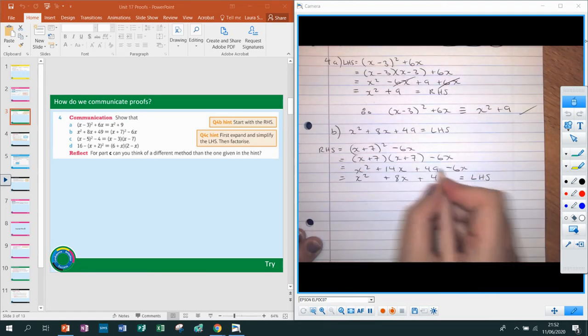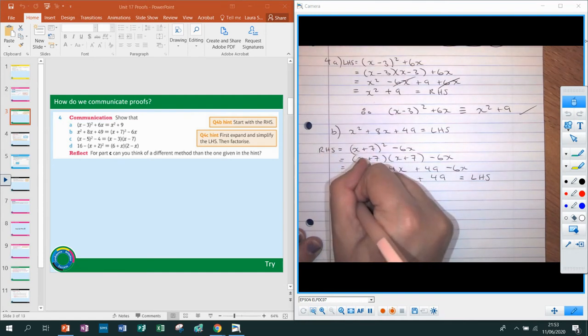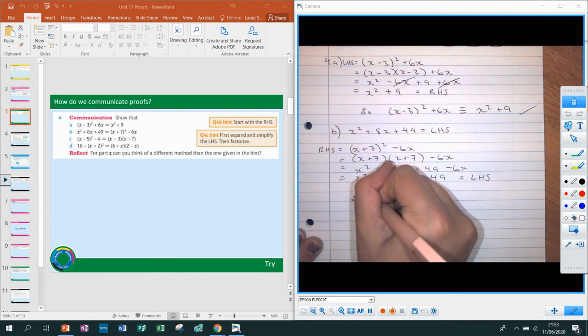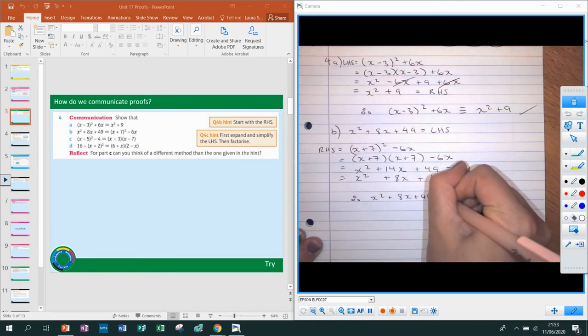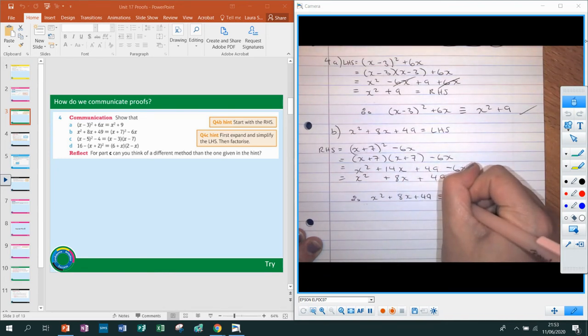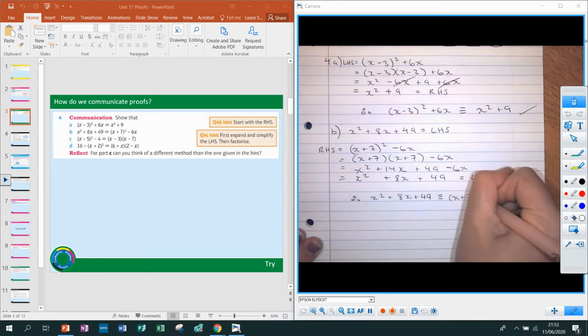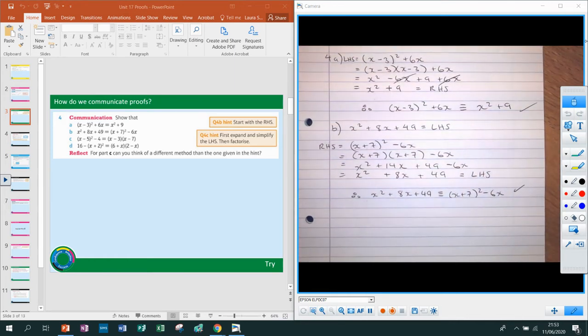Okay, and just make sure you state that so you're very, very clear. And we can now say that therefore x squared plus 8x plus 49 is always equal to our x plus 7 squared minus 6x. And that one's finished.